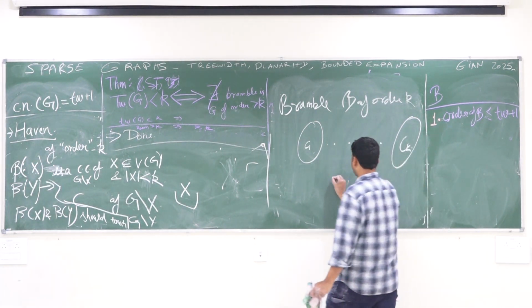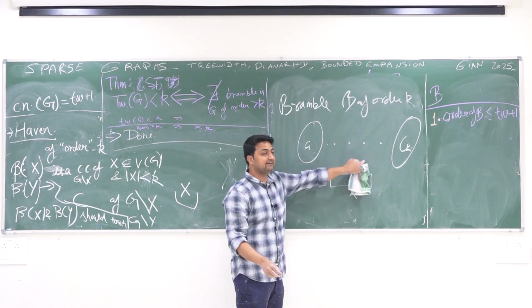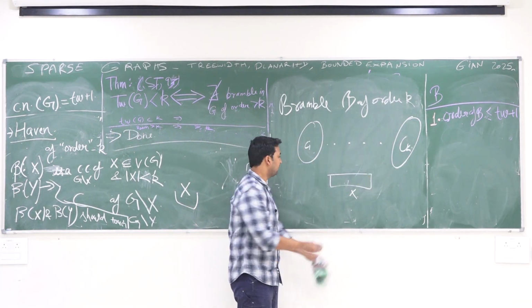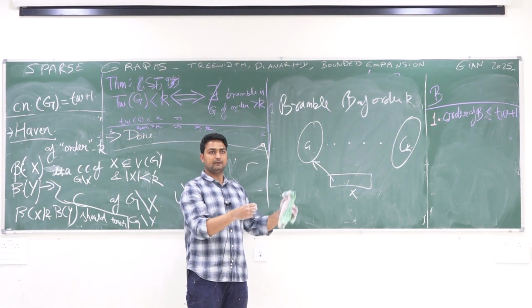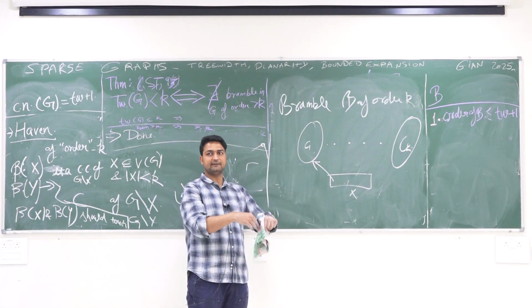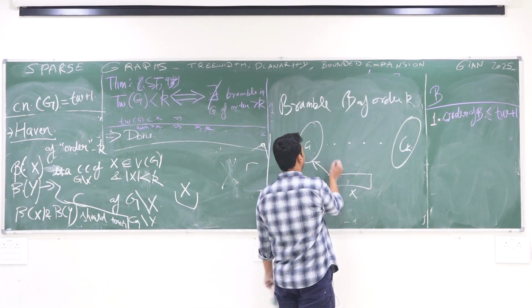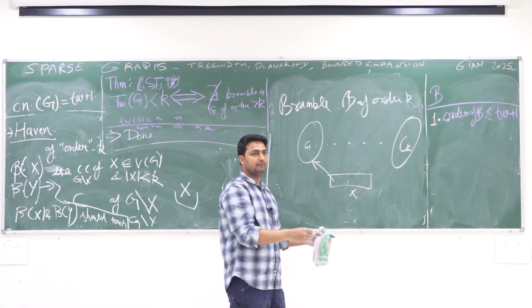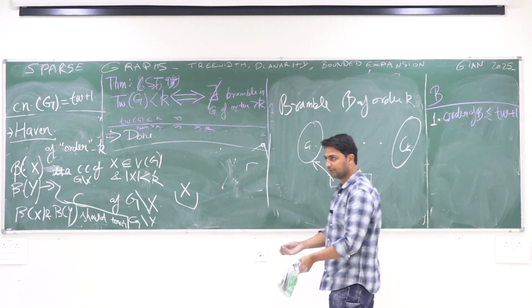So if I take any set X of fewer than k vertices, it will miss at least one of them. It will not hit one of them. I map X here. And it is very easy to see that this is a haven. For every subset of fewer than k vertices, I miss at least one of them. And since they touch each other, by definition, it's a haven also.